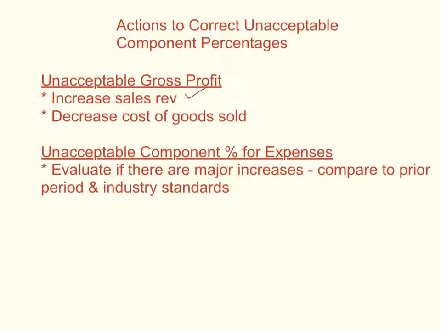If you decrease the cost of your goods sold, that's another way to fix your gross profit. If you have an unacceptable component percentage for expenses, you should evaluate major increases. Look from the prior year compared to prior period, and also look at industry standards and see what is an acceptable amount to spend on your expenses.